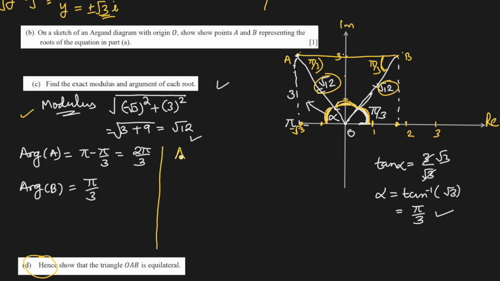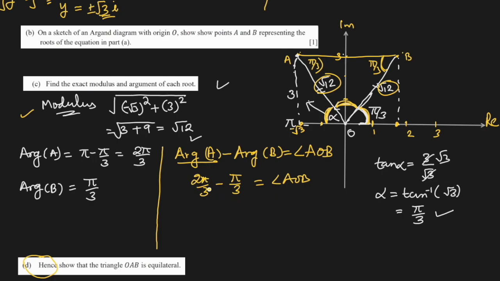So argument of A minus argument of B is equal to angle AOB. So argument of A is 2 pi by 3 minus argument of B is pi by 3 is equal to angle AOB, and 2 pi by 3 minus pi by 3 is pi by 3, angle AOB.